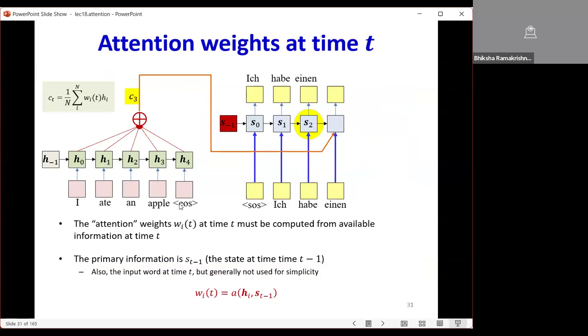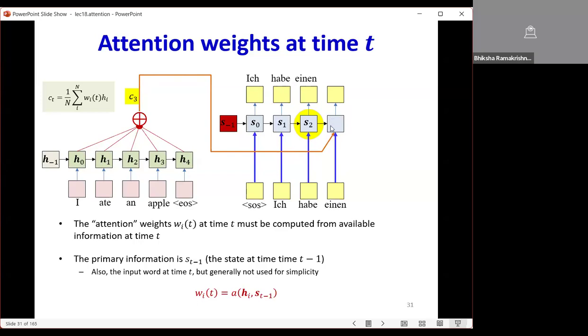The input was "I ate an apple", end of sequence. You started off with a start of sequence marker and generated "Ich habe einen", and so "einen" has gone in here. Now you have to figure out how to arrive at the weights with which to average these guys to compute this context vector.